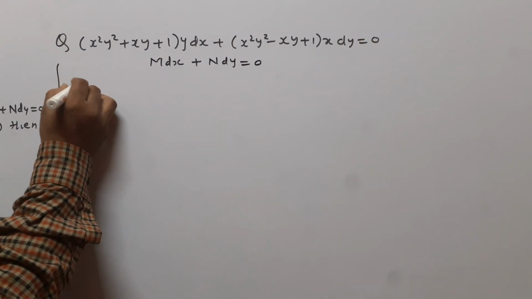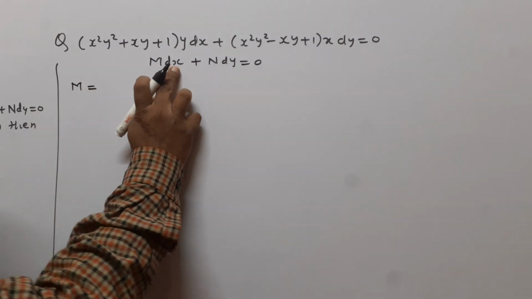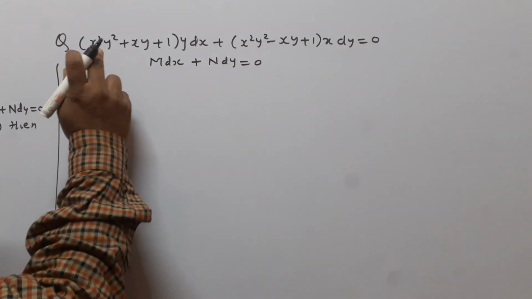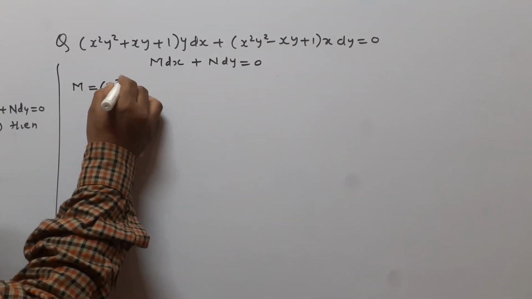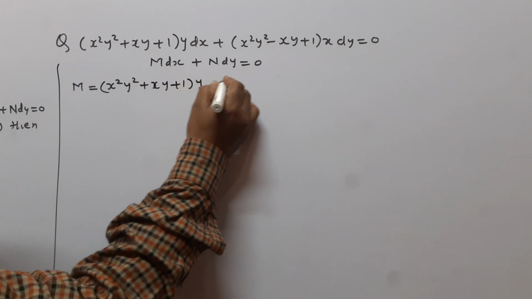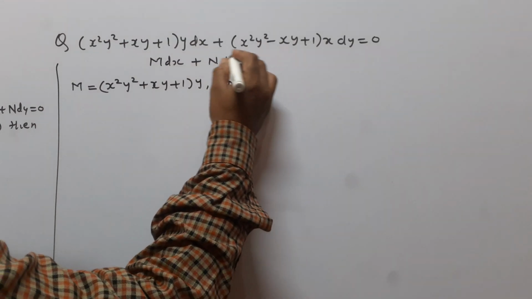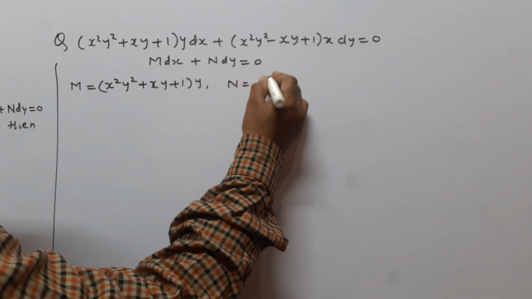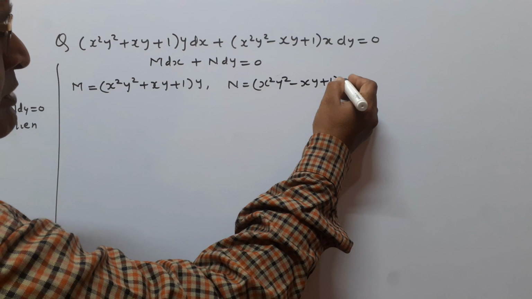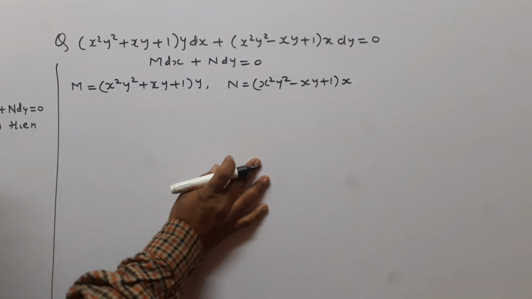M is the coefficient of dx, that is (x square y square plus xy plus 1) multiplied by y, and N is the coefficient of dy, that is (x square y square minus xy plus 1) multiplied by x.